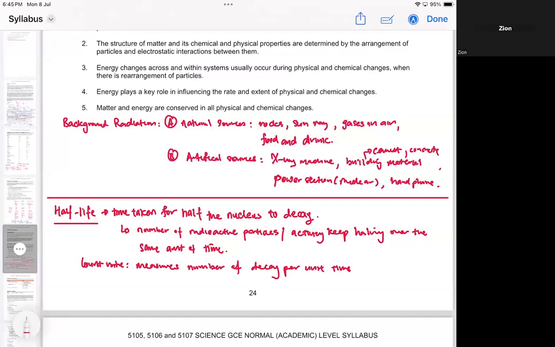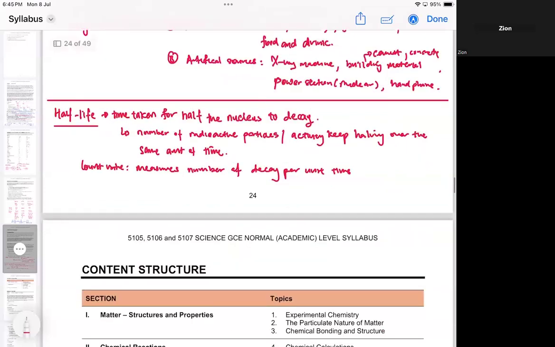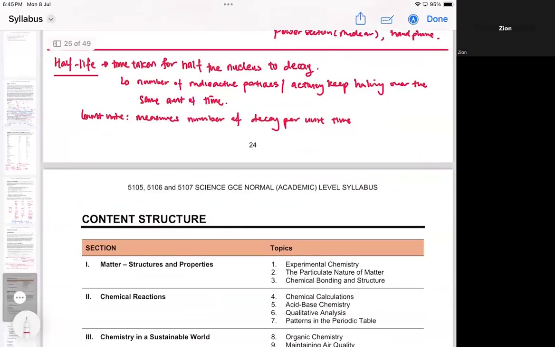So to quantify this, the term we use is count rate. The count rate tells you how much decay is happening at that period of time. So together with half-life, this allows you to determine certain information.